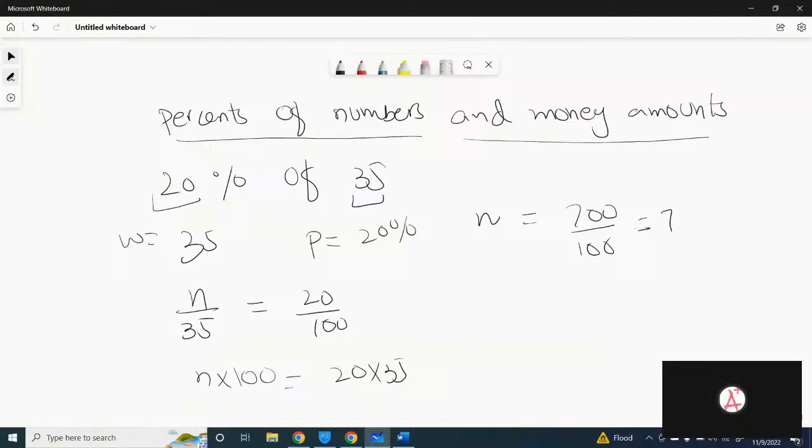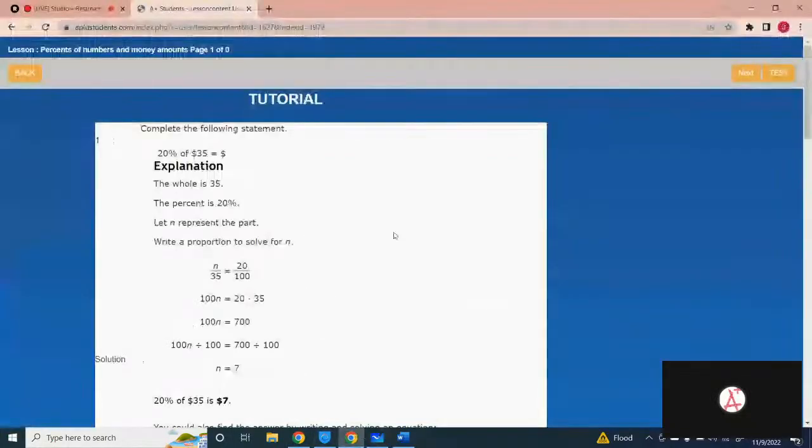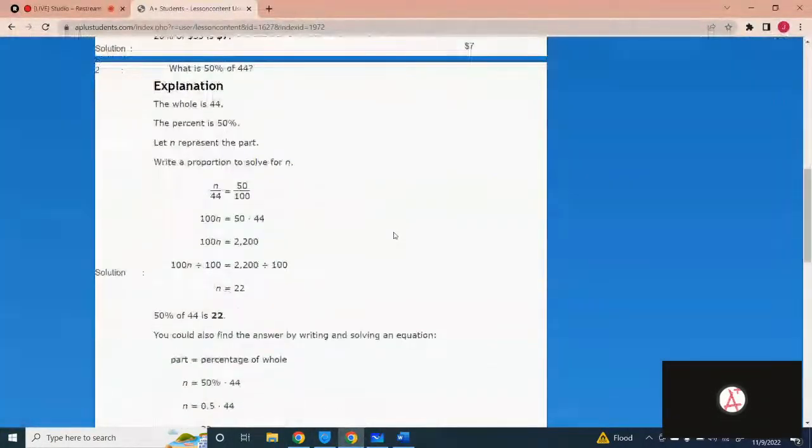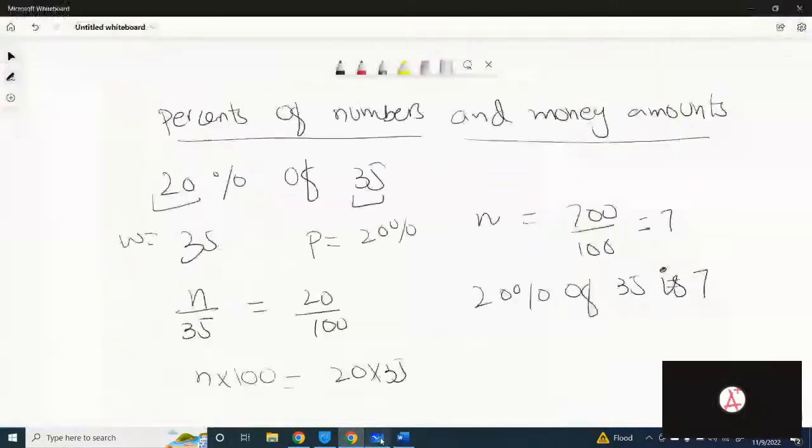That means 20% of 35 is 7. Got it? 20% of 35 is 7. Got it? Okay, the next one is 50% of 44.